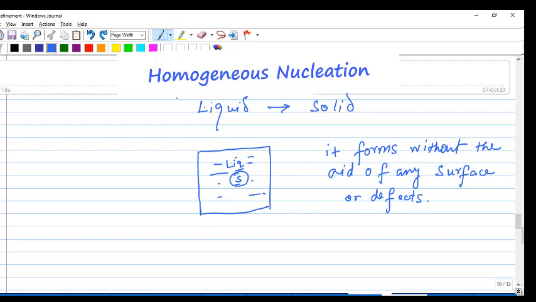As the solid particles form, an interface between the solid and the liquid is created. And therefore, surface energy or interfacial energy is involved here.